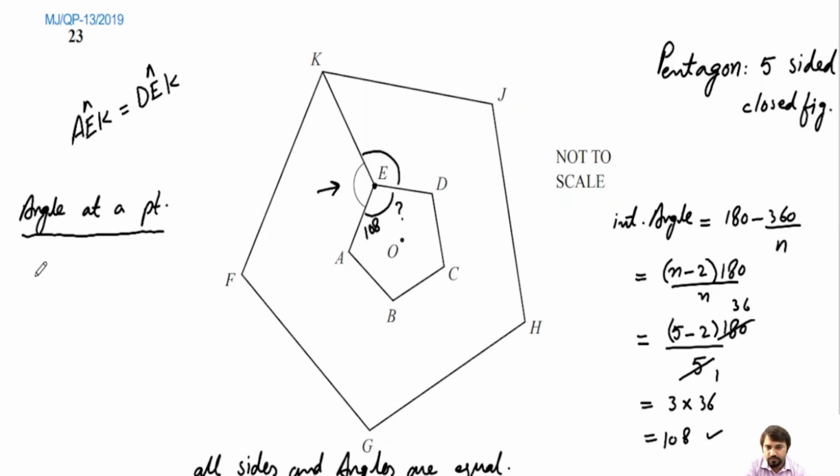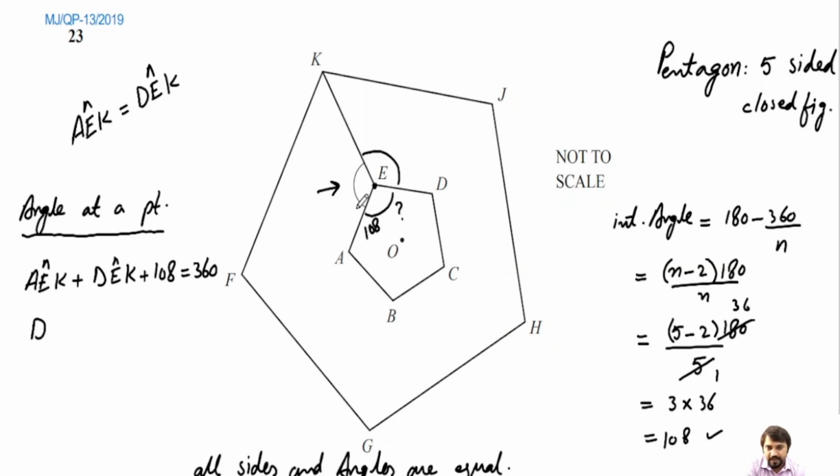So by this rule, I'm going to write angle AEK plus angle DEK, and remember these two angles are equal, plus 108 is equal to 360 degrees.